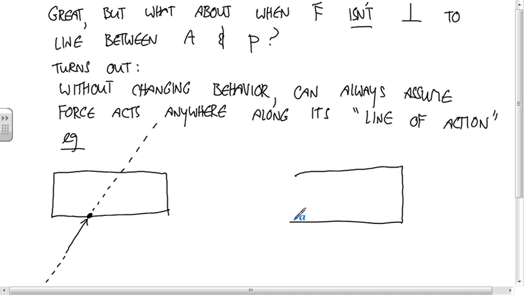Even up here, you can move the force to this theoretical point that's not even on the real body. But mathematically, you just pretend like that body is still going on way out there. So this is equivalent to this. If that's a force F, that's a force F. So you can move that force wherever you want as long as you keep it on that line of action.